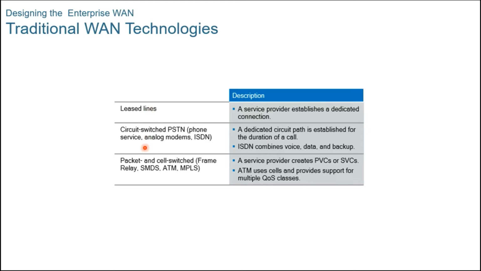So you also have the circuit switched networks, a type of network that for the duration of the connection obtains or dedicates a physical path for a single connection between two network endpoints. And you've got the packet switched and cell switched networks. A carrier creates permanent virtual circuits or PVCs or switched virtual circuits or SVCs that deliver packets of data among customer sites.